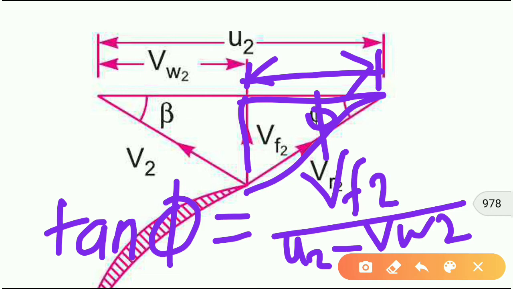So this will be the equation to find out Vw2.